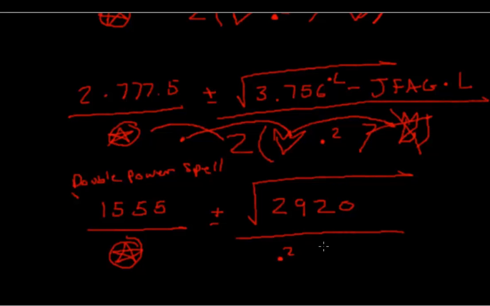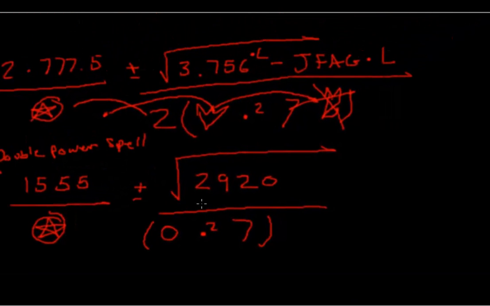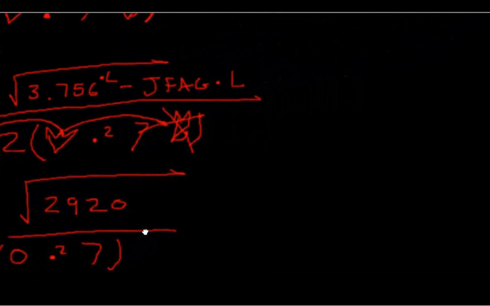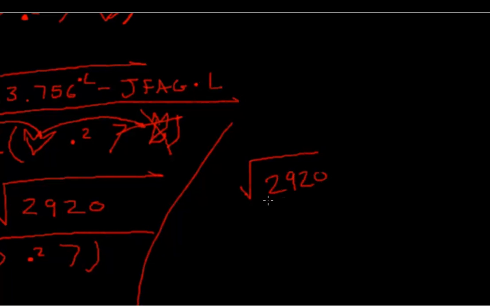So, we got rid of the placeholder, so it's 2 to the square times 7, and then we place 0 there, because we need another placeholder. So, let me find another place here where I could write. Okay, right here. So, we find the square root of 2,920. So we just write that here. 2,920.